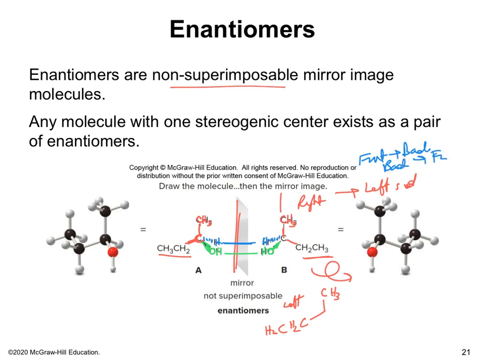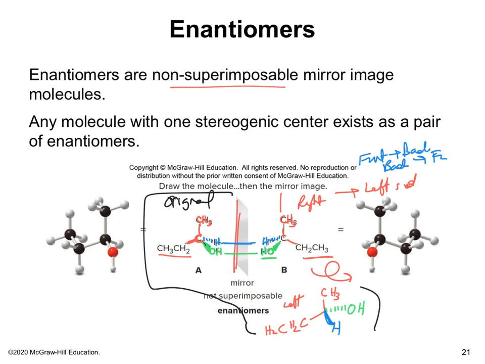So I'm going to put a wedge here, and I'm going to put a dash here. Right now we have the OH on the wedge coming at you. Now the OH has to go on the dash, and then the H has to go on the wedge because it was on the dash. So this is the rotation.